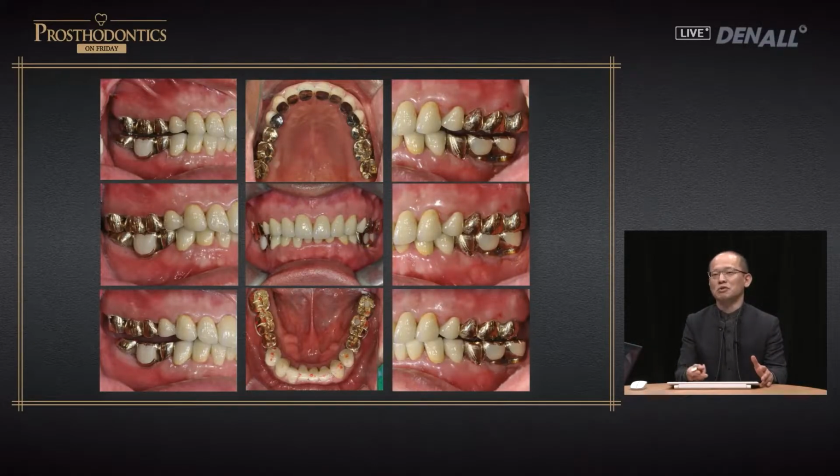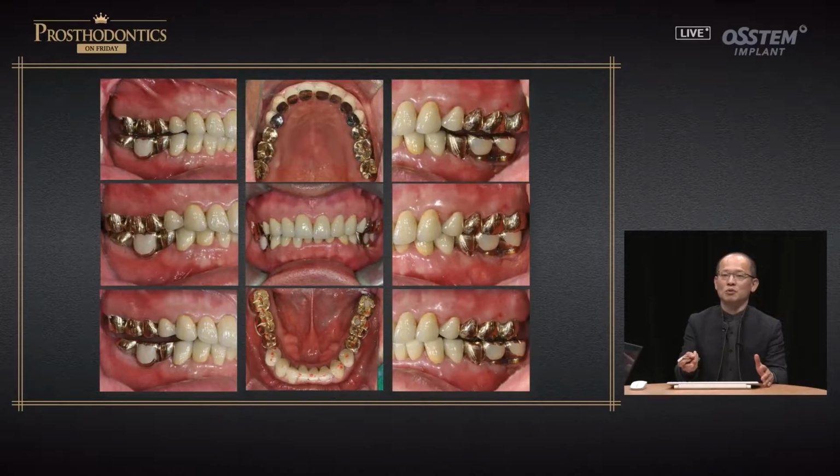It's been a while, so in terms of aesthetics and materials, there are things that are lacking from today's view. In the case of full mouth rehabilitation using implants, you need to have a long-term view.